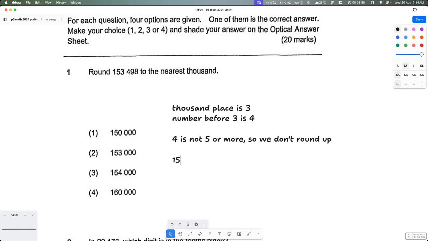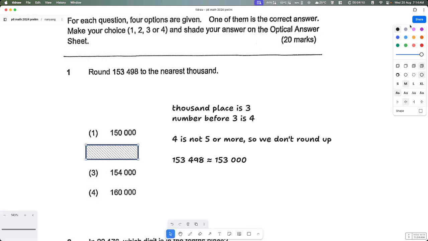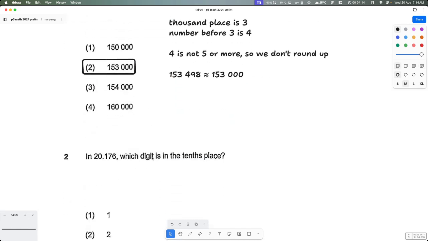Therefore, 153,498 will then become 153,000. Okay, so the answer is option number 2 in this case. All right, let's move on to the next question.